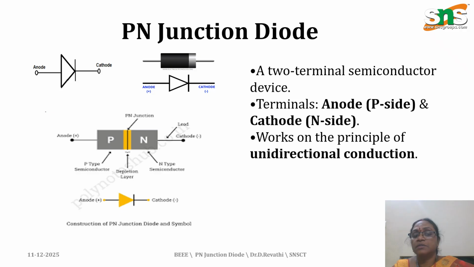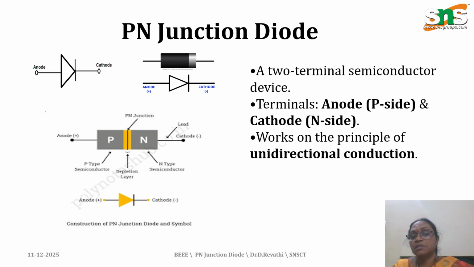This picture shows the real world diode. These are the graphical representations of diode symbols and how we connect the PN junction diode. If you go to a shop to buy a diode, they will give you a diode like this.